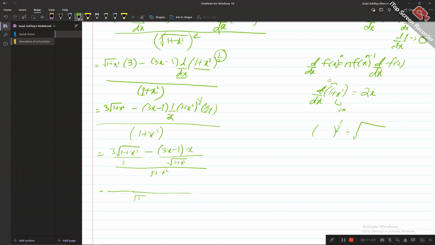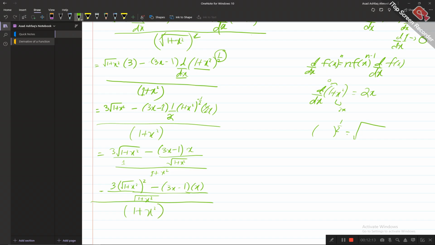Over here, when this is multiplied by this square root, it will become square root of 1 plus x square whole square, minus 3x minus 1 into x will remain the same, and this whole divided by 1 plus x square.